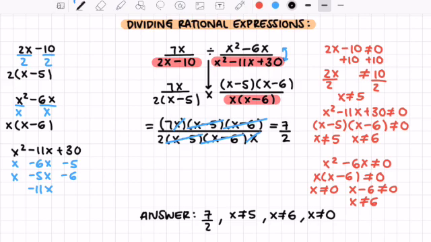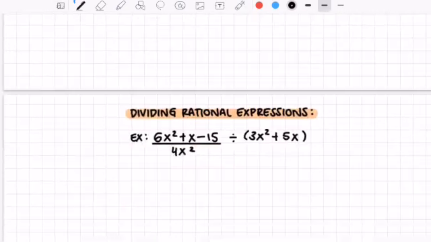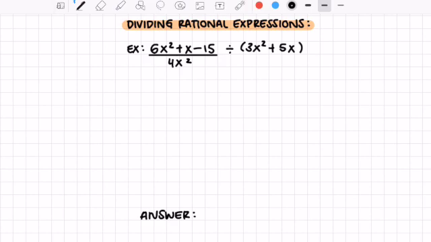Let's try out one more problem. Right here we're asked to divide the rational expression 6x squared plus x minus 15 over 4x squared, and it's dividing with 3x squared plus 5x.